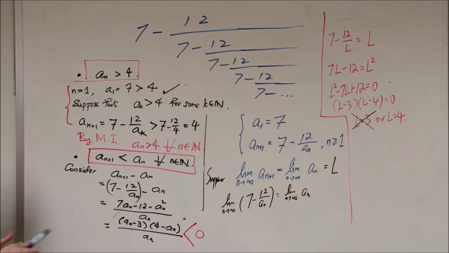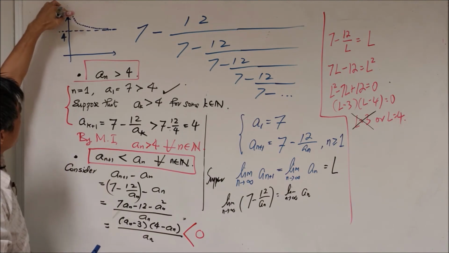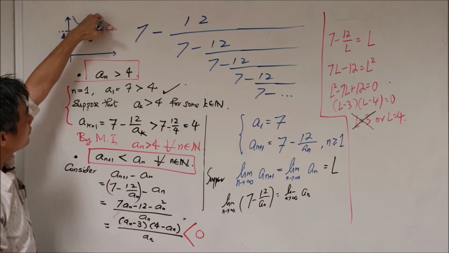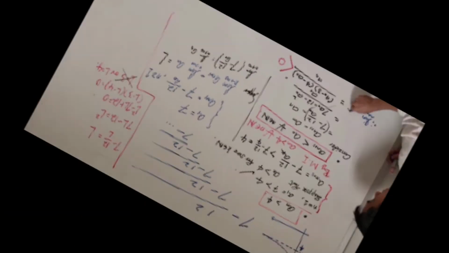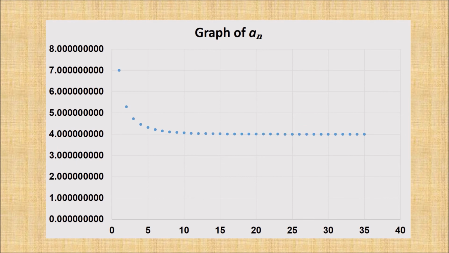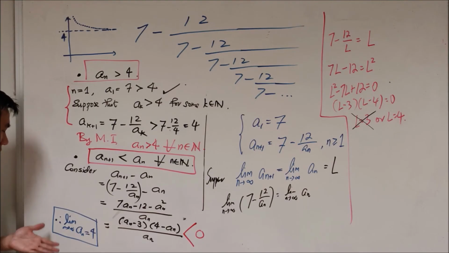So if you look at the graph for An, it will be decreasing and very close to 4. Therefore, we say that the limit of An when n goes to infinity is equal to 4. Indeed, you can see that the value of An is decreasing and goes to 4.